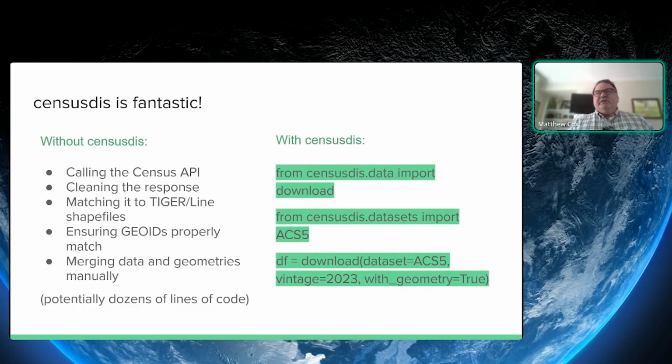You're trying to make sure that GeoIDs, a pretty ubiquitous identifier for census tracts themselves, match up. With censusdis, you've pretty much got 3 lines of code in order to download any year. Censusdis calls it a vintage, any year's worth of information.